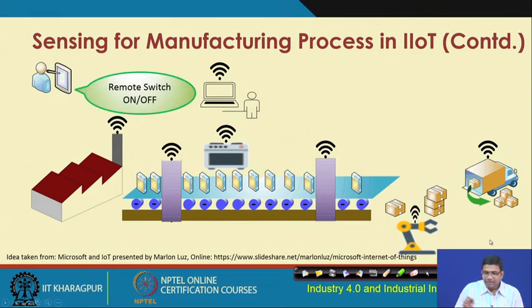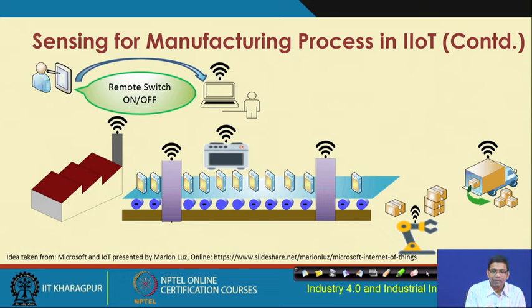So, we have this remote switch on or off, which basically starts the process or switches off the process, and that is from the central controller where the user is sitting. Let us say that it is switched on. So, you turn on the process.